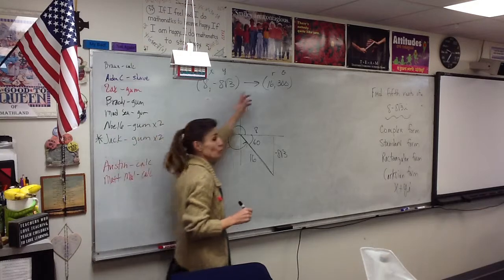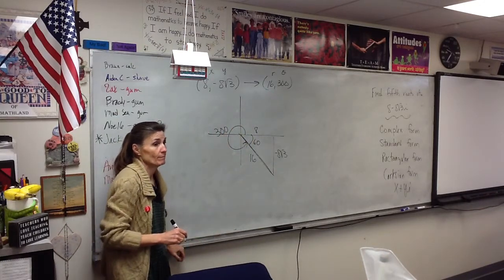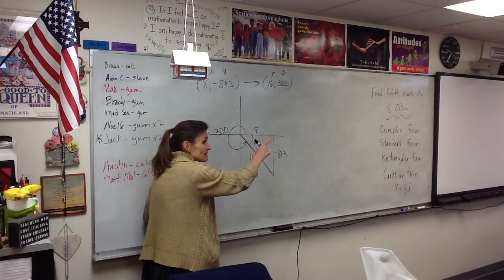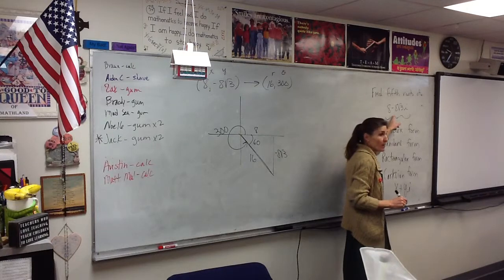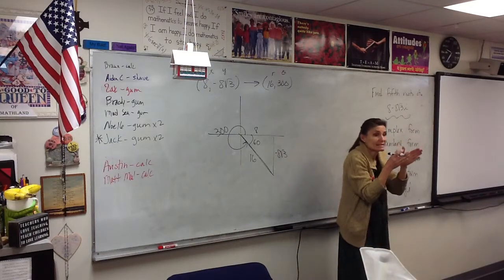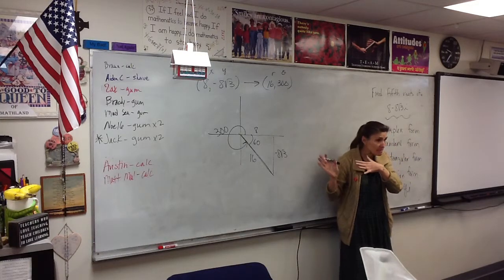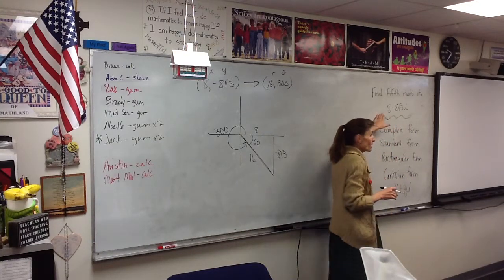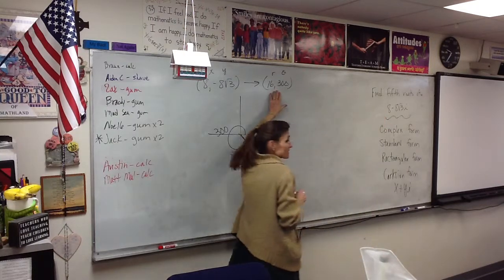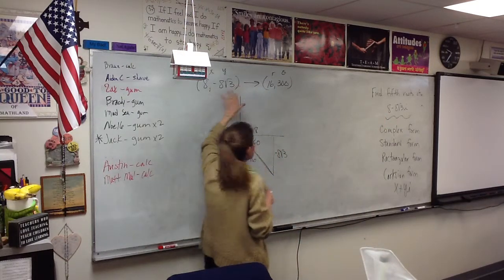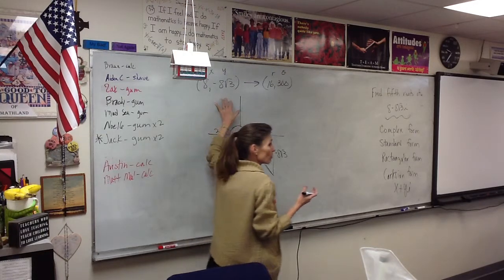You did that actually on your quiz yesterday. You found polar coordinates. This is a little bit different though, because this is not an ordered pair. We do it the same way. It's the same r and the same theta, but we have to write our answer differently. We can't write 16 comma 300 because we didn't start with a point. You see what I'm saying? So how are we going to write it?